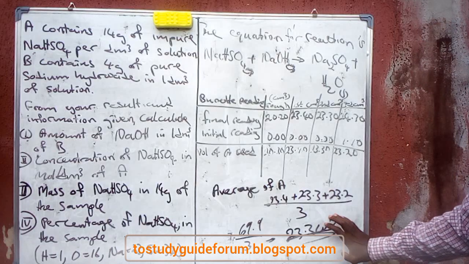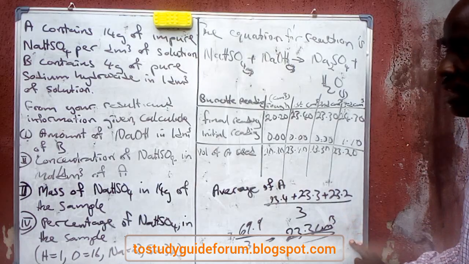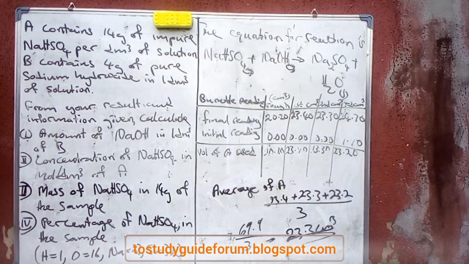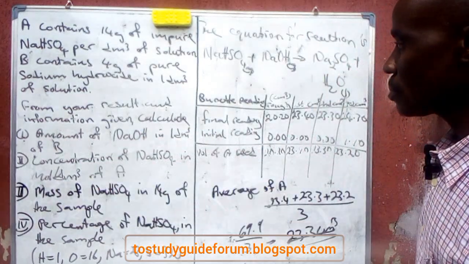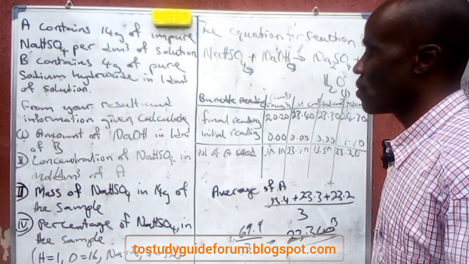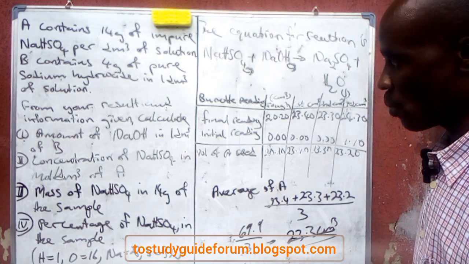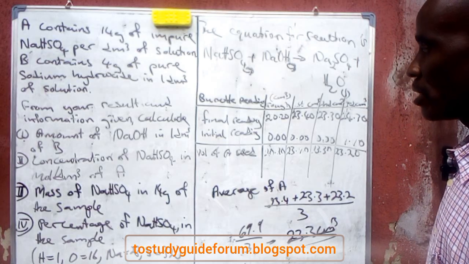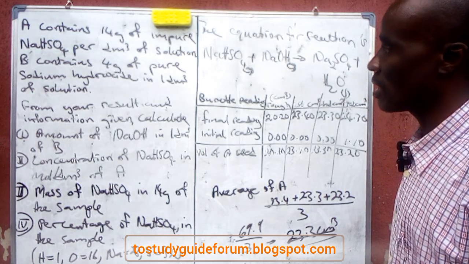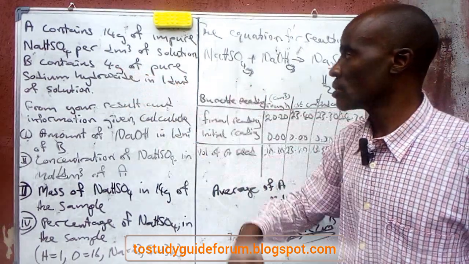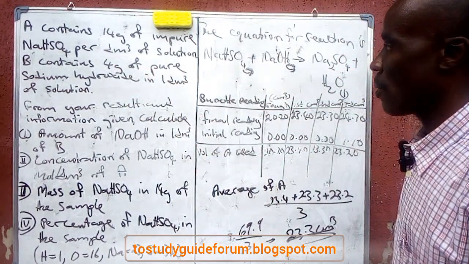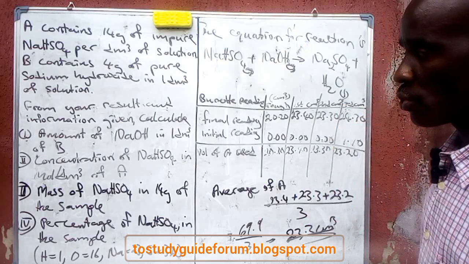With this information, the next thing we are going to do is calculate the amount of sodium hydroxide in 1 dm cube of B. Looking at that, the sodium hydroxide we have here is 4 grams, that means 4 grams per dm cube.